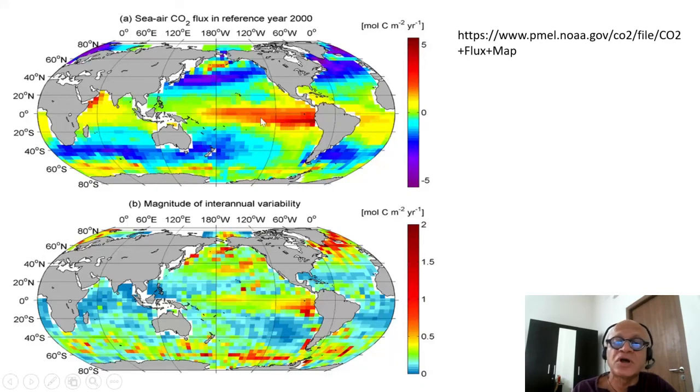This contributes probably about 70% to the interannual variability of CO2 across the world in the atmosphere. So it's one of the largest signal to noise ratios in terms of the measurements we have.